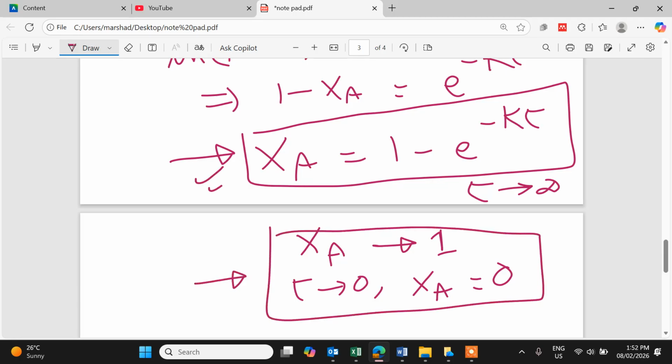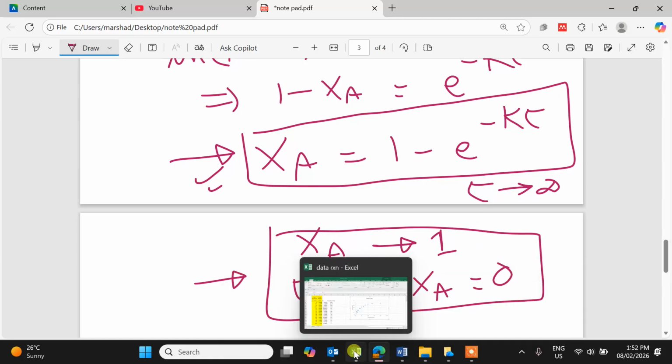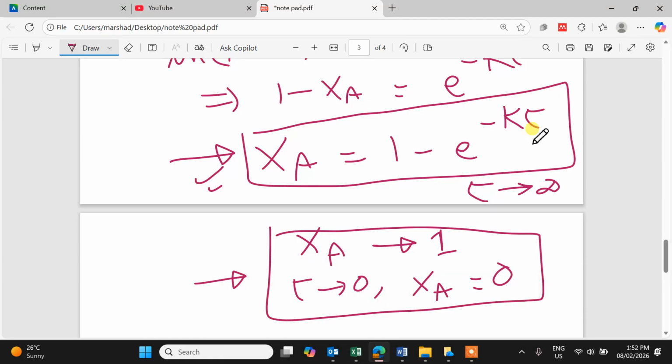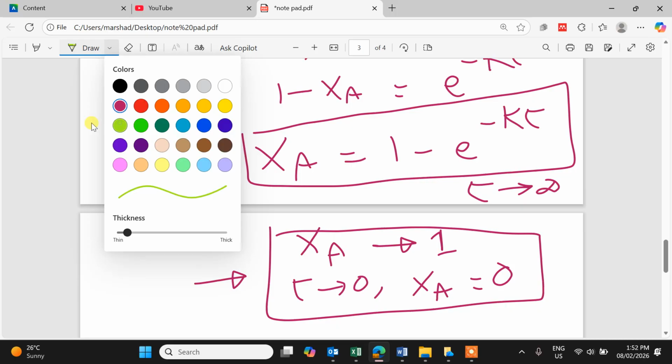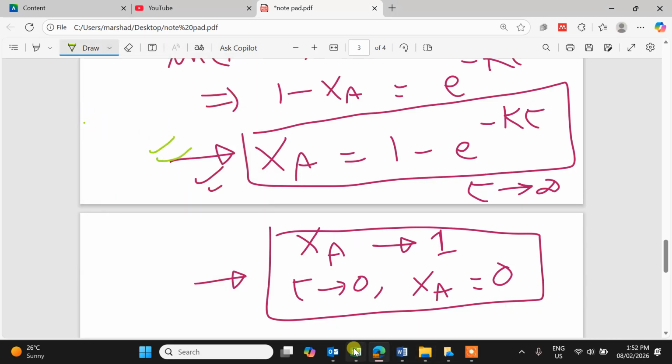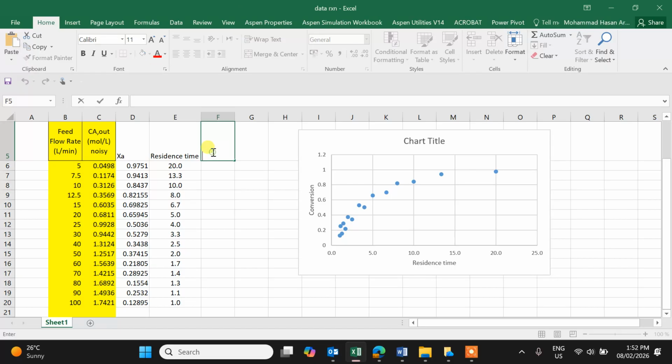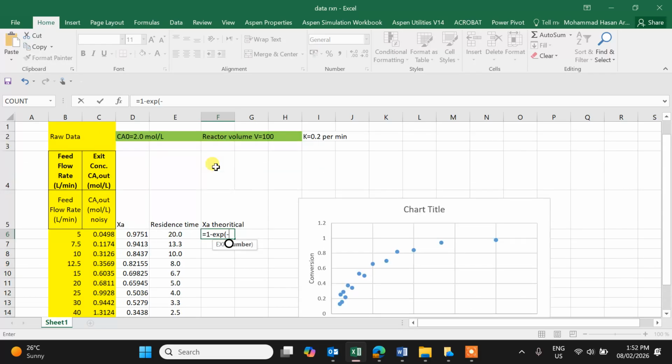So this is the expression we have, the theoretical equation. Using the theoretical values, we can find XA theoretical, which is 1 minus exponential of minus K tau. The value of K is 0.2, times tau, the residence time. That's the theoretical value.